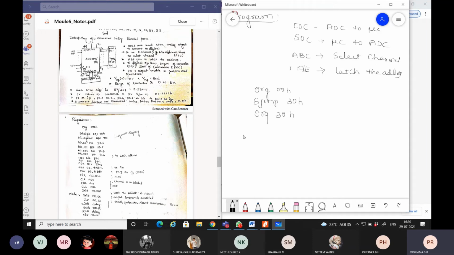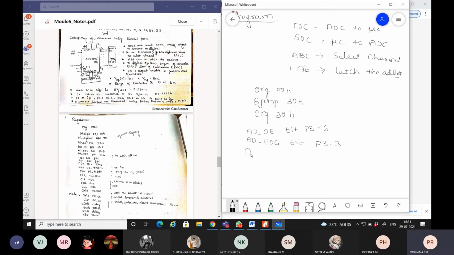For that, AD output enable bit is connected to P3.6. Then AD end of conversion is connected to bit P3.3.